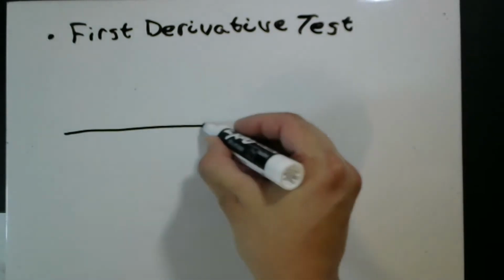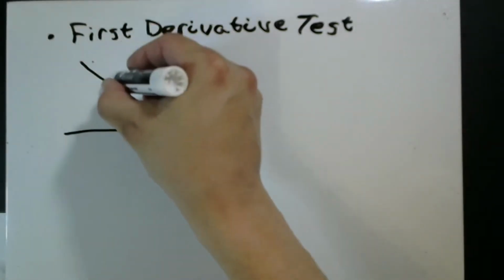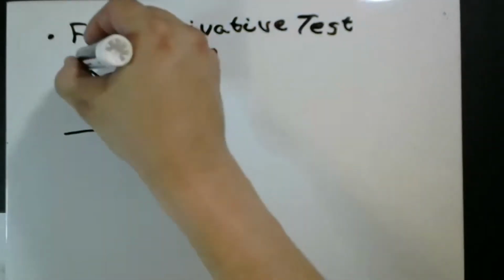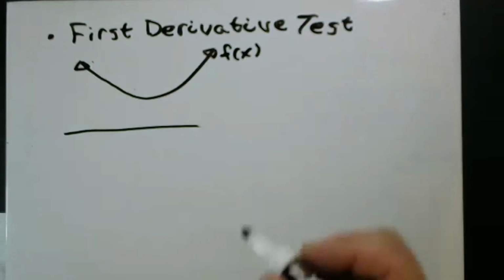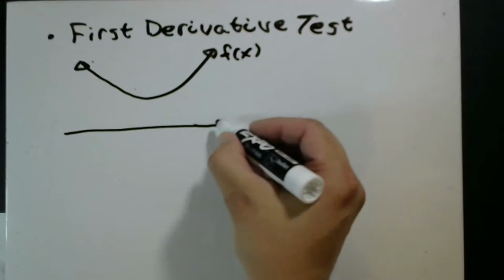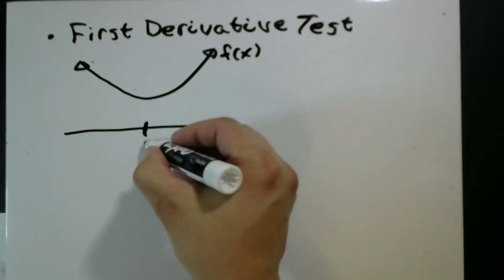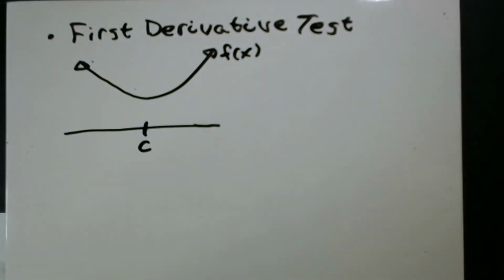So let's say we have a situation like this. There's f of x. And let's say we discovered a critical point, C, like the -1 or the 1 that we just discovered, because we set the derivative equal to 0, we solved for x, and we found that x was -1 or 1.